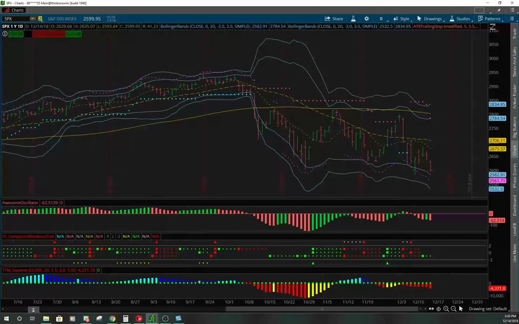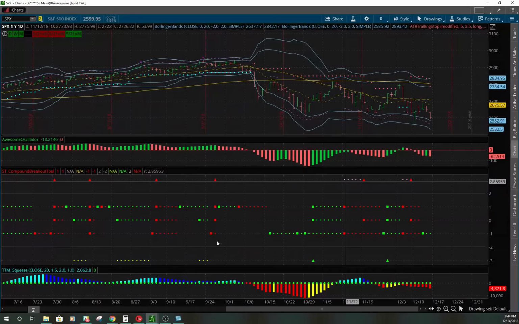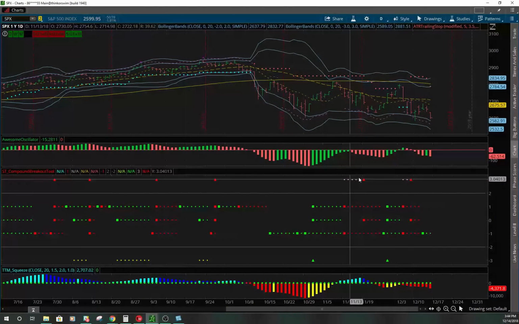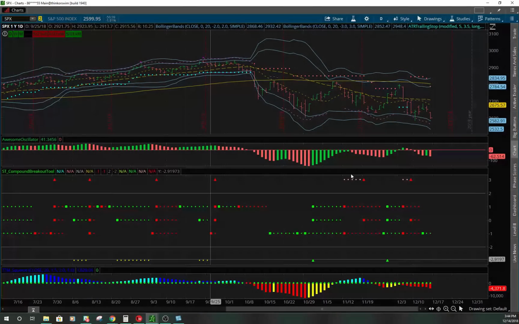If you're asking about the dots here, I know they're yellow or pink, or a light green, light red, depending on how you're looking at it or what charting platform you're on. The dots indicate when 2 of the 3 signals are starting to print.